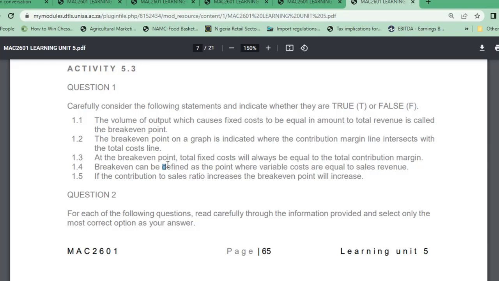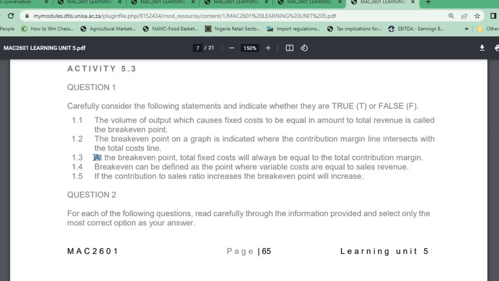Come on, we are almost there, guys. If this is false, then what is the break-even point? The break-even point is where the contribution is equal to the fixed cost. Awesome, great.